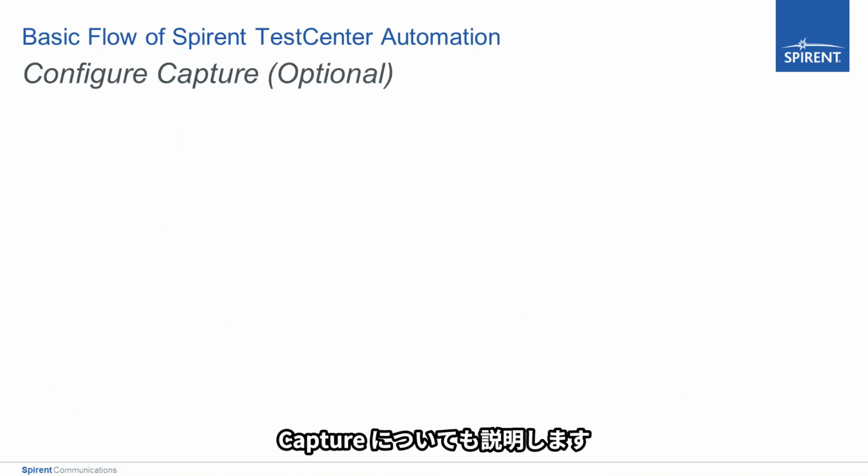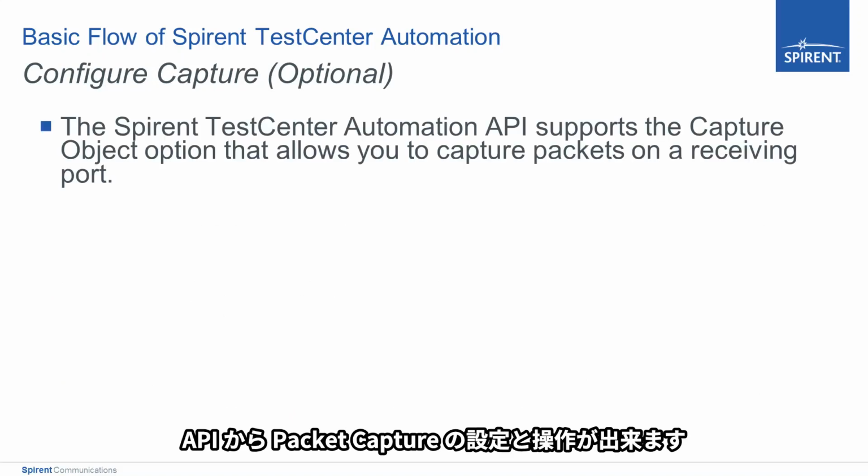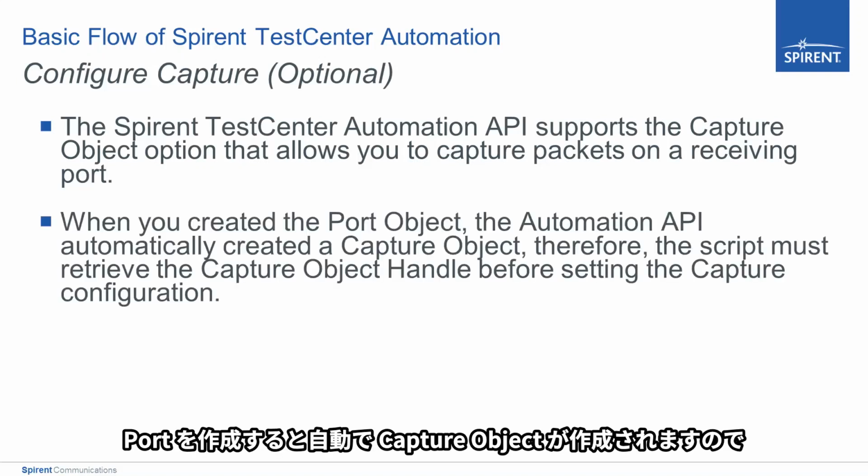The last item of discussion within this topic is capture. The Spirent TestCenter Automation API supports the Capture Object option that allows you to capture packets on a receiving port. When you created the port object, the Automation API automatically created a Capture Object.